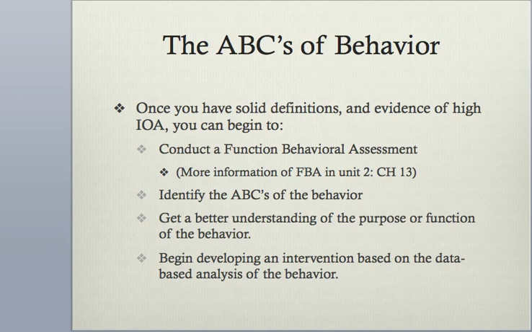So once you have good solid definitions and you have evidence of high inter-observer agreement, now you can begin to move forward in your intervention. You can begin to conduct a functional behavioral assessment where you'll be able to start looking at what comes immediately before the behavior and what comes after the behavior. And we'll talk more about that in Unit 2 in Chapter 13. You'll be able to identify those antecedents and consequences for the behaviors.